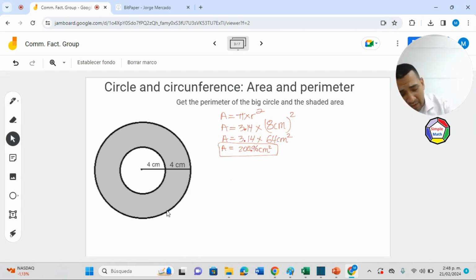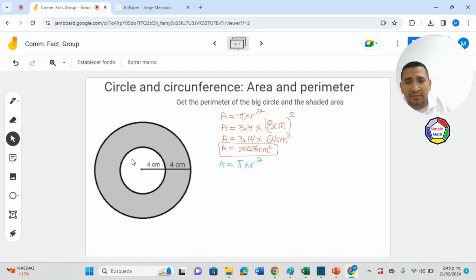In the same way, we are going to calculate the area of the small circle. The area of the small circle uses the same formula: pi times the radius to the second power. What is the radius of the small circle?